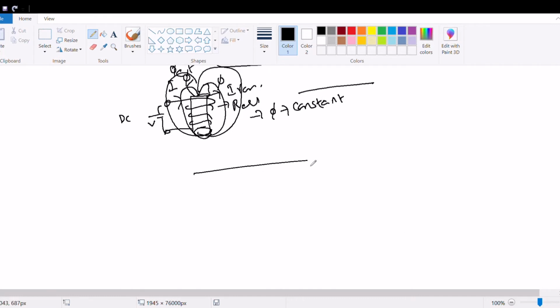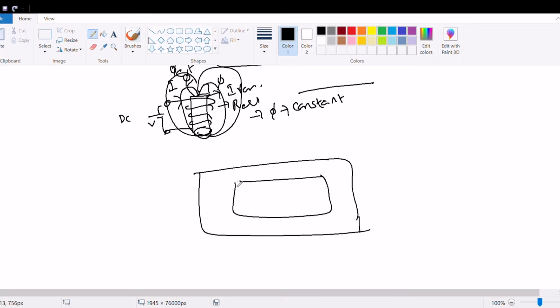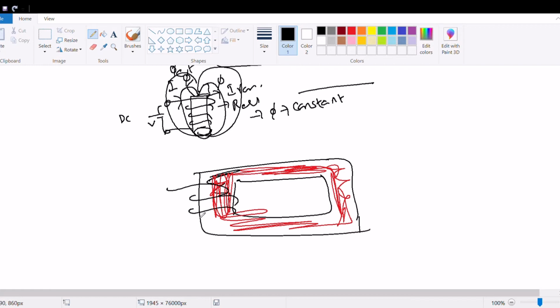Suppose we have an iron core like this, a rectangle-shaped iron core, and you have a winding here, and it produces a flux.